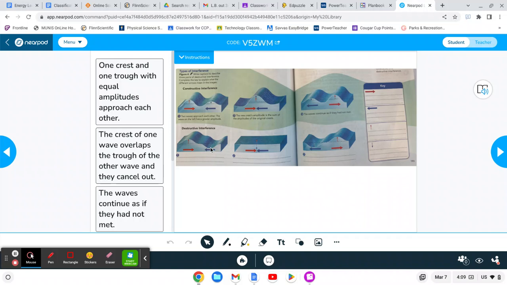So the dip down of the trough is equal to the rise up of the crest. You've got two equal things happening here. That is what goes beneath this first picture.